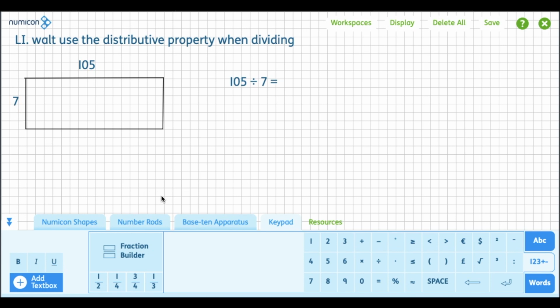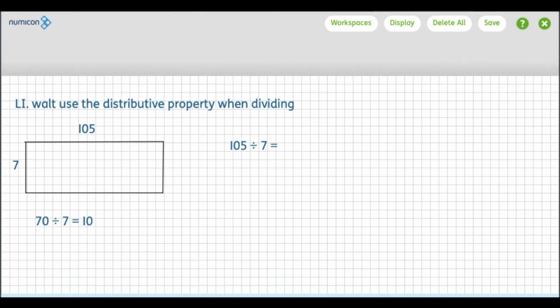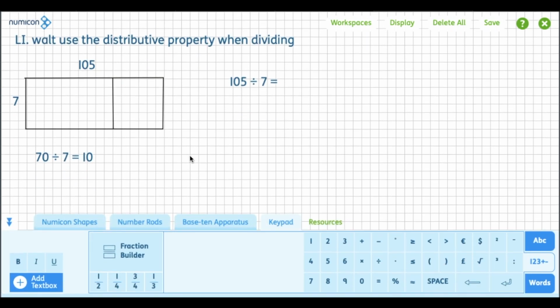So 7 times 10 is 70, or 70 divided by 7 equals 10. So what I would do is split up my 105 stewards into 70, and I'd have 70 over here.